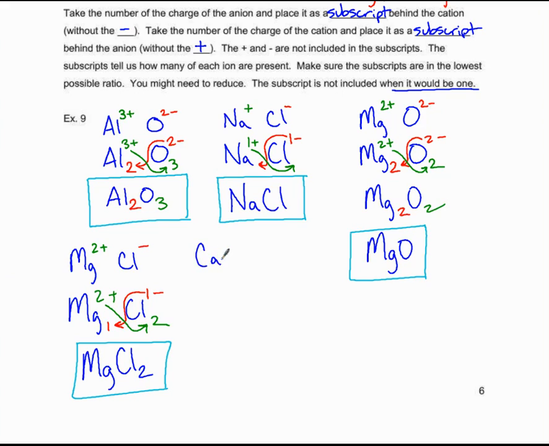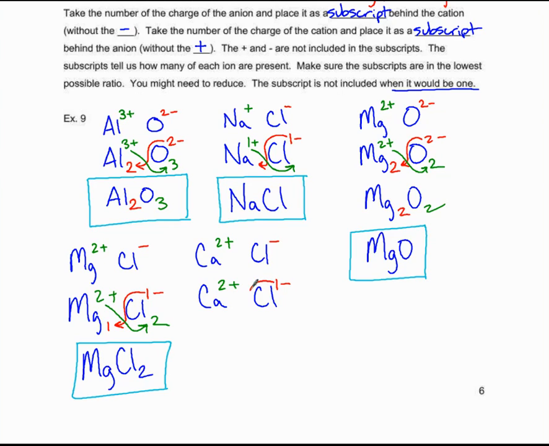All right, so we'll look at calcium and chloride. Calcium is in group 2, 2+ charge. Chlorine, group 17, there's a -1 charge. And so we follow these same steps. That's a plus. Switching the charges.